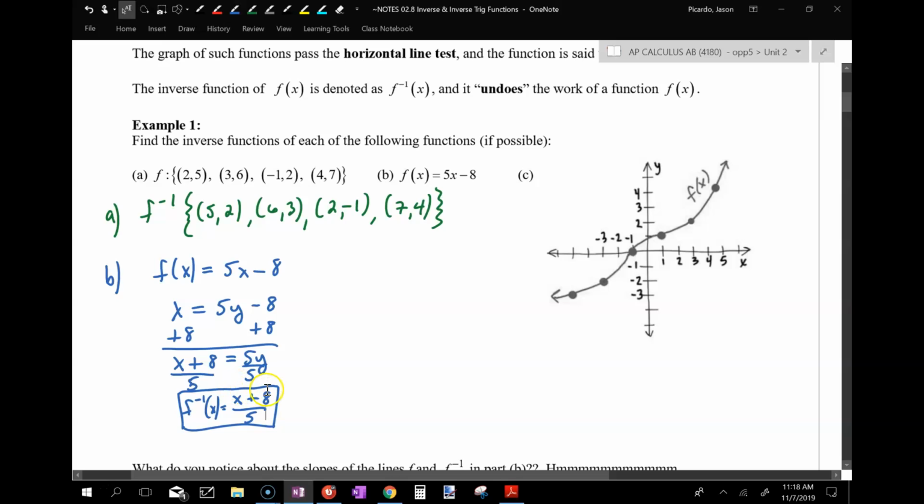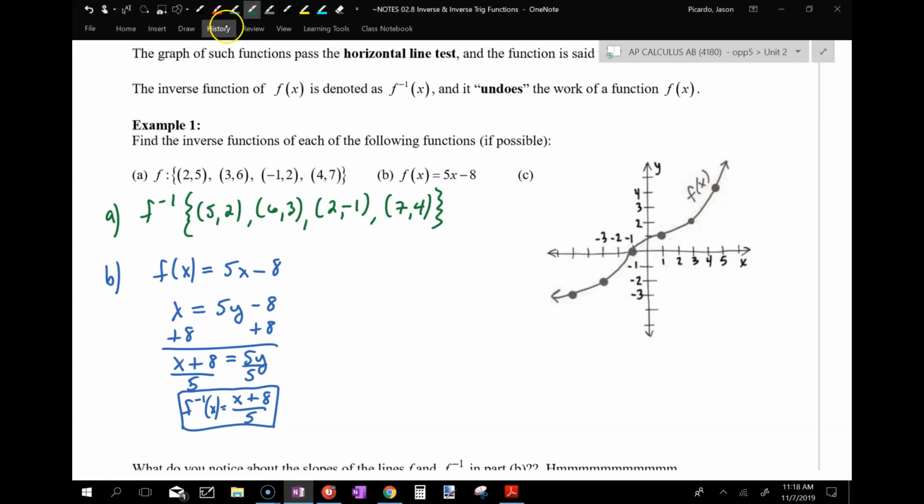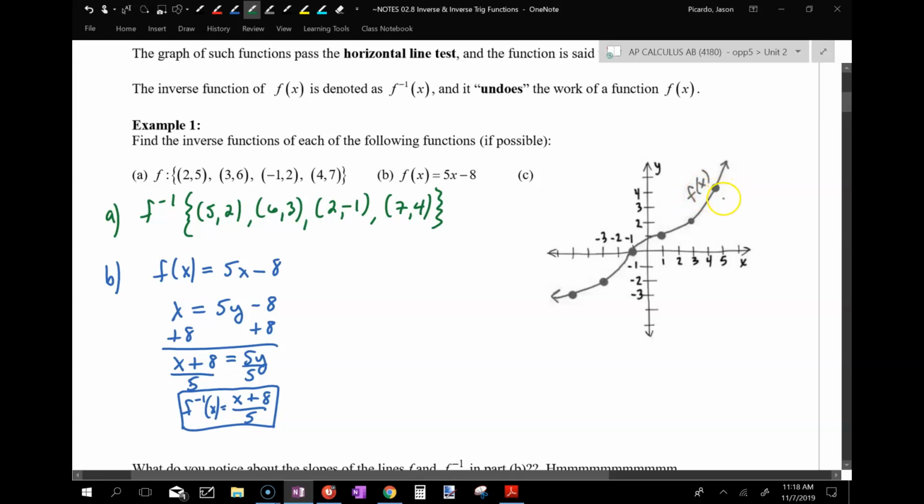And how do I take a graph and write an inverse? I just switch them. If this point up here is 5, 4, then I'm going to plot 4, 5. If this is the point 1, 1, I'm going to keep 1, 1, because 1, 1 switched is still 1, 1.